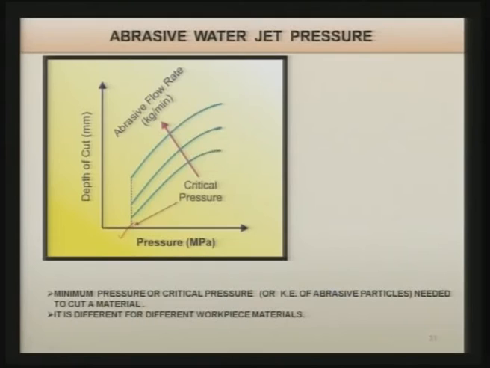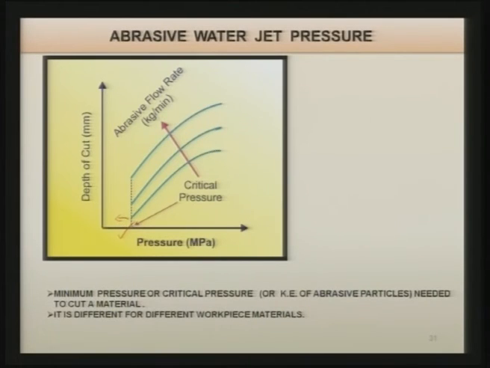That is why you can see there is no cutting in this zone, before the critical pressure is reached. As the pressure increases, the depth of cut also increases, but this is not a linear relationship, it is a non-linear relationship, and it tries to stabilize beyond a certain pressure.